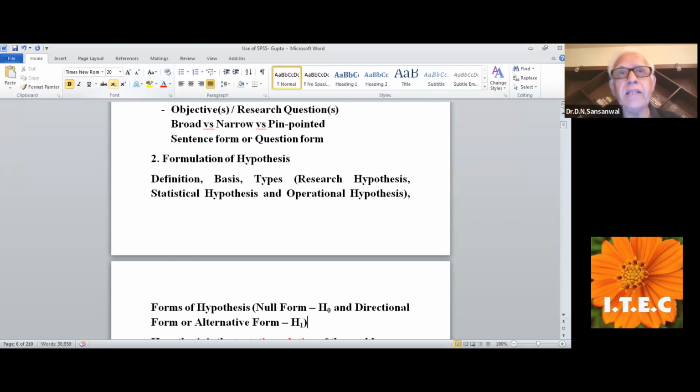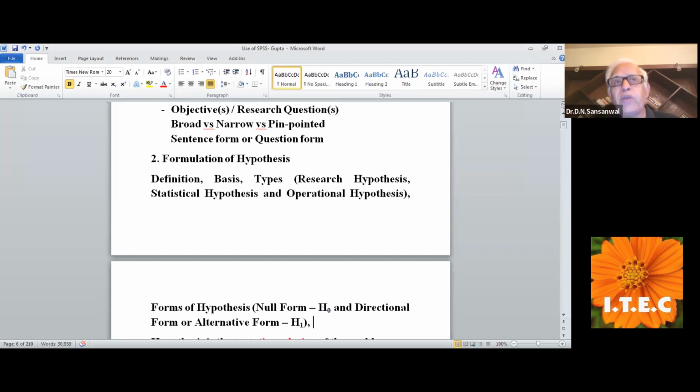So these are the forms of hypothesis, and in many books, they have given them under the types of hypothesis, which is technically wrong. My dear friends, many Indian writers have given and are giving wrong information to you. Maybe your teacher might also have given the same information which is available in the books and which is wrong.